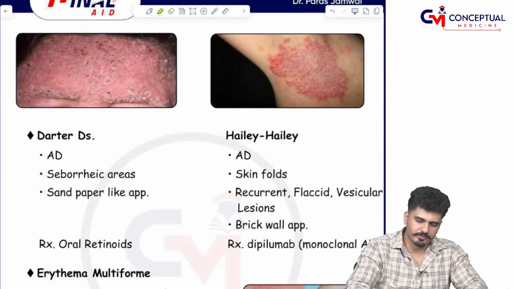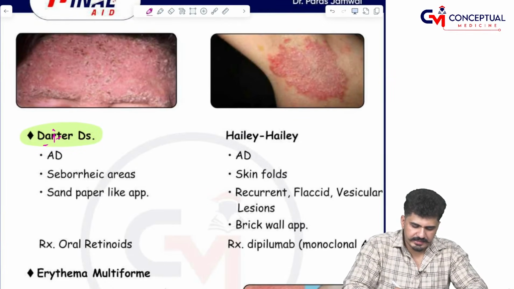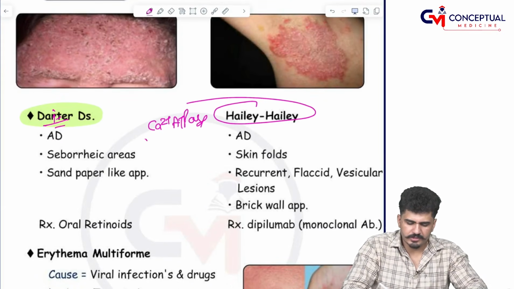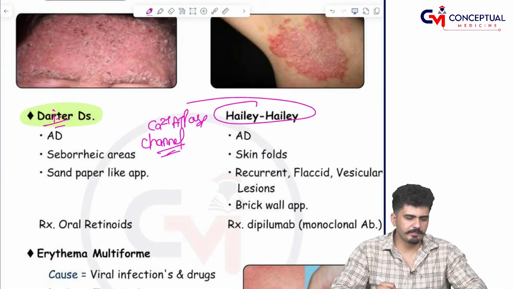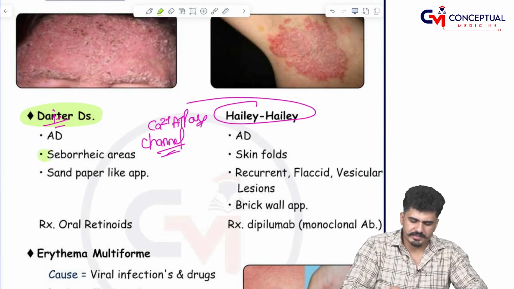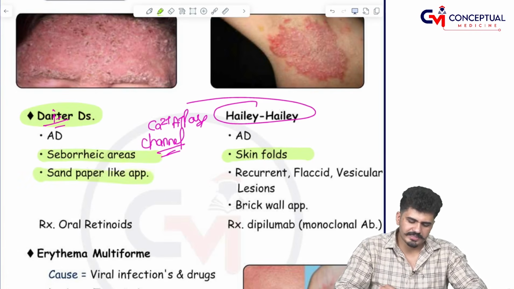And the next one is going to be what, sir? Darier's disease and Hailey-Hailey disease. Both have a calcium ATPase channel defect. Calcium ATPase channel defect is going to happen in both. Seborrheic areas are involved, and Hailey-Hailey involves the skin folds. What sign are you going to see?